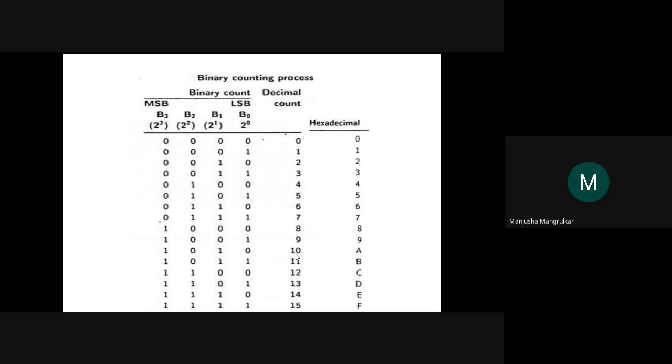Suppose it is a 10, so 8 plus 2 is 10, rest all bits are 0. Suppose it is a 16, only 2 to the power 4, which is 16, so only the fifth bit is 1 and rest all are 0. This is the way of converting a decimal number into a binary number and the representation of hexadecimal.